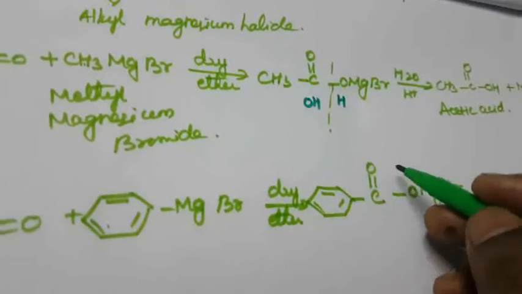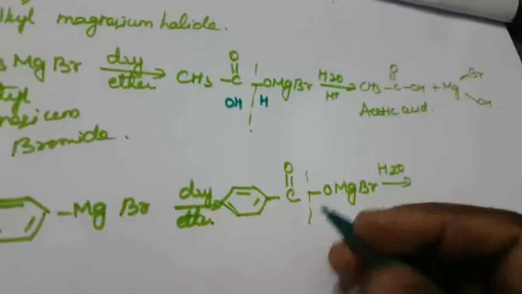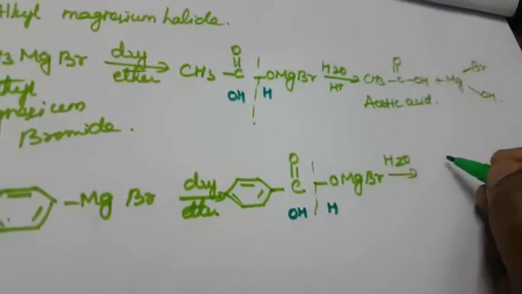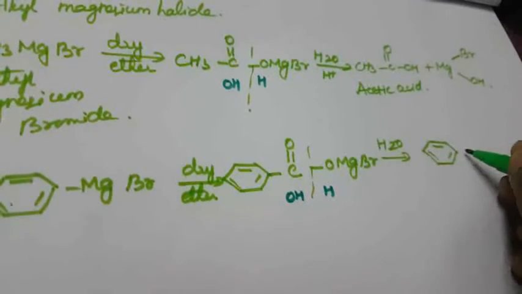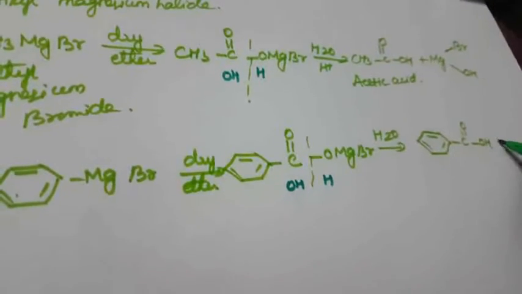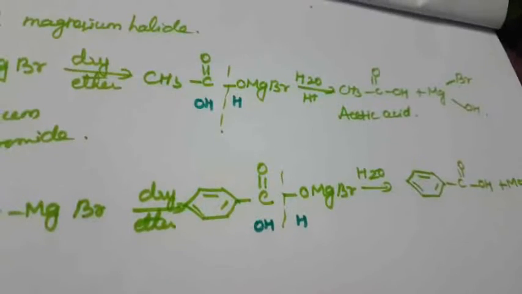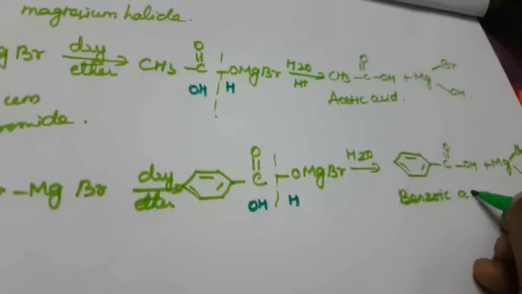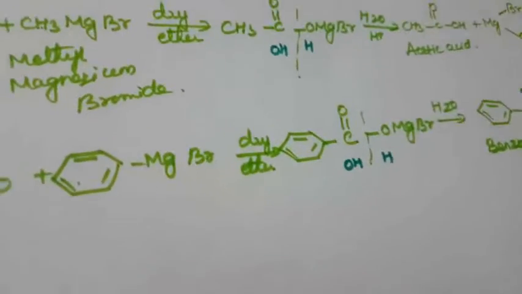Again the bond breaks on hydrolysis with water, adding OH and H. The compound formed is C double bond O OH, benzoic acid, plus MgBr OH. This is benzoic acid. Okay, this is the preparation from the Grignard reagent.